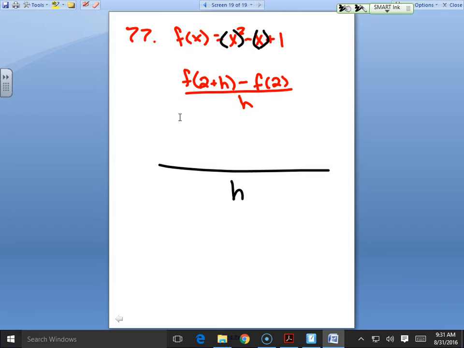Figure out where to plug it in. f of means go put it in f. So you go put it in f, and what happens? (2 plus h) squared, minus the quantity 2 plus h, plus 1.